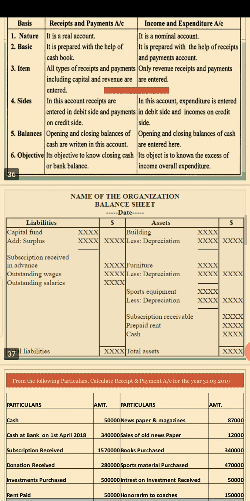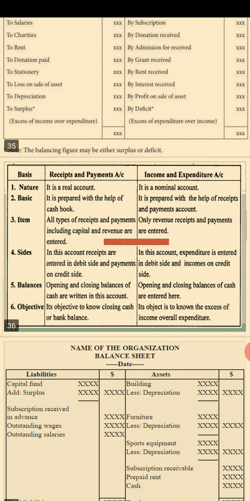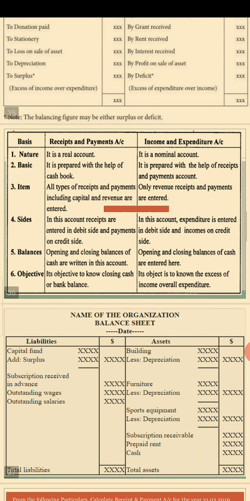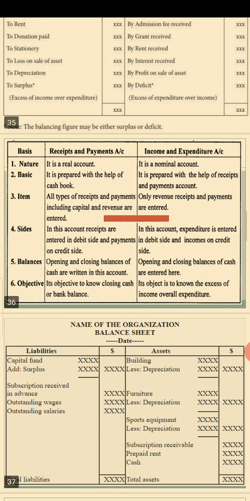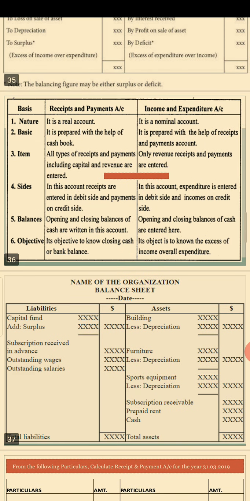All are the same, but you have to write capital fund instead of capital. So there are three accounts prepared for an NPO: receipt and payment account, income and expenditure account, and last but not least, the balance sheet.